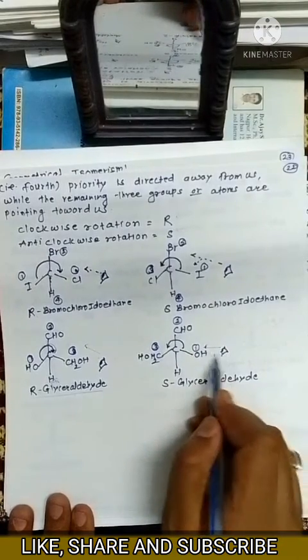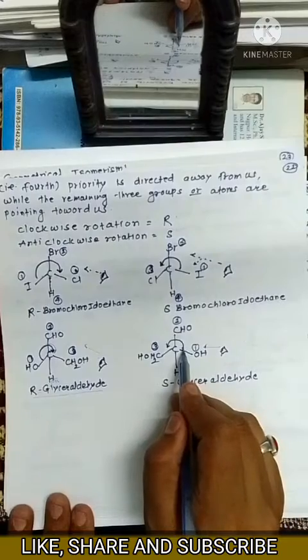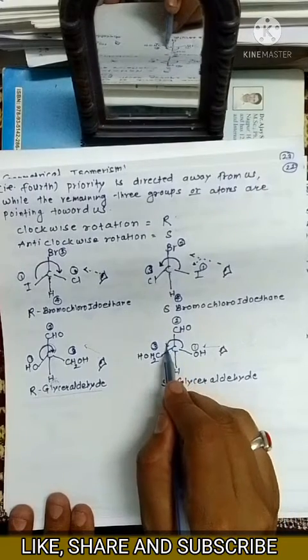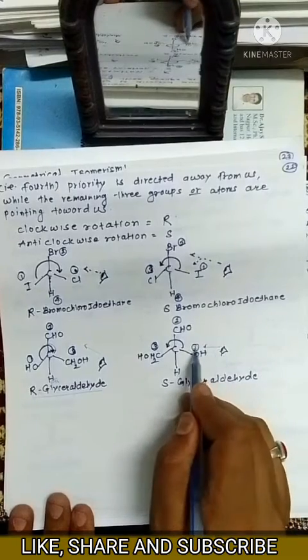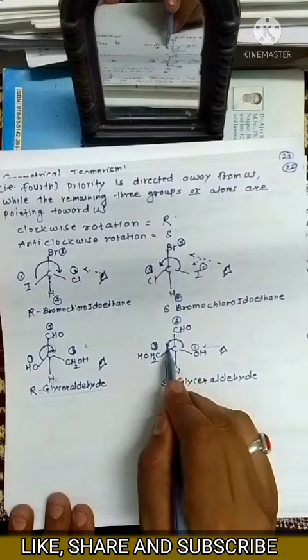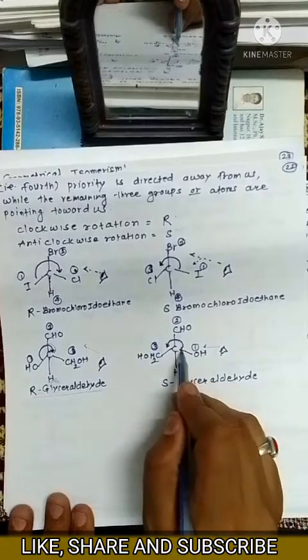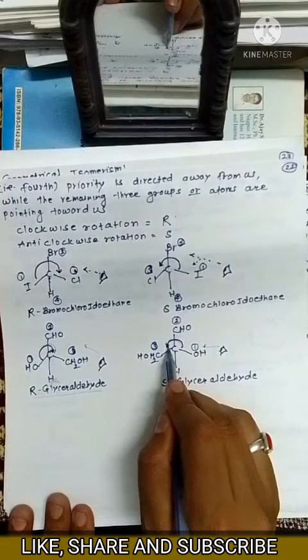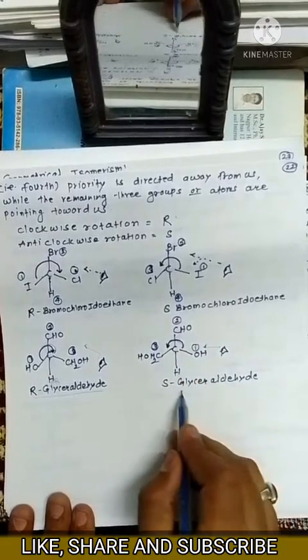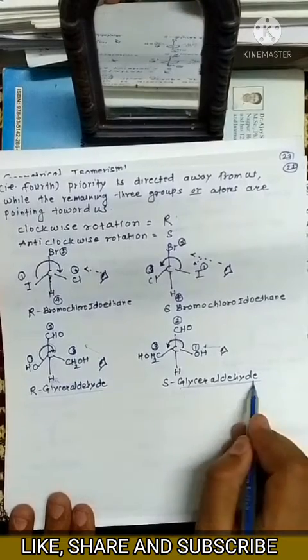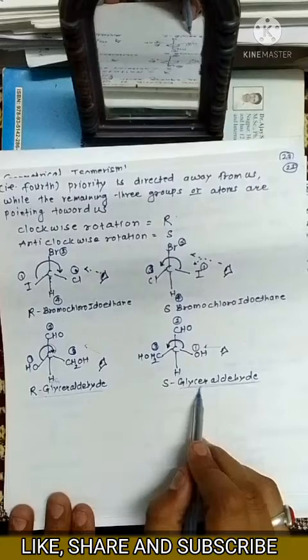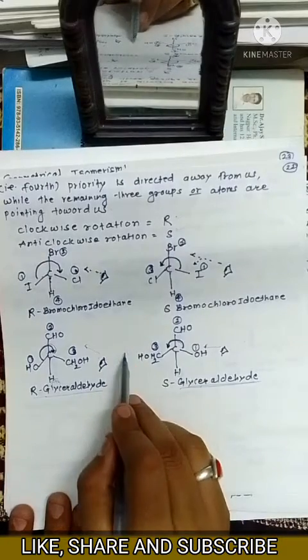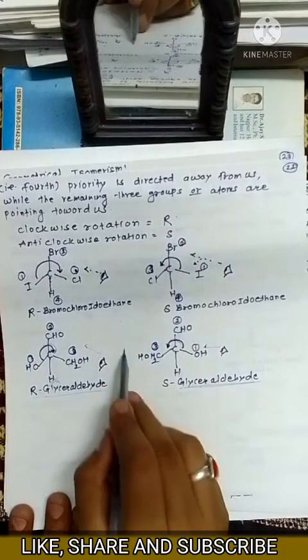That means the observer moves their eyes in an anti-clockwise rotation. That's why it is known as S-glyceraldehyde. Remember that R- and S-glyceraldehyde are isomers of each other.